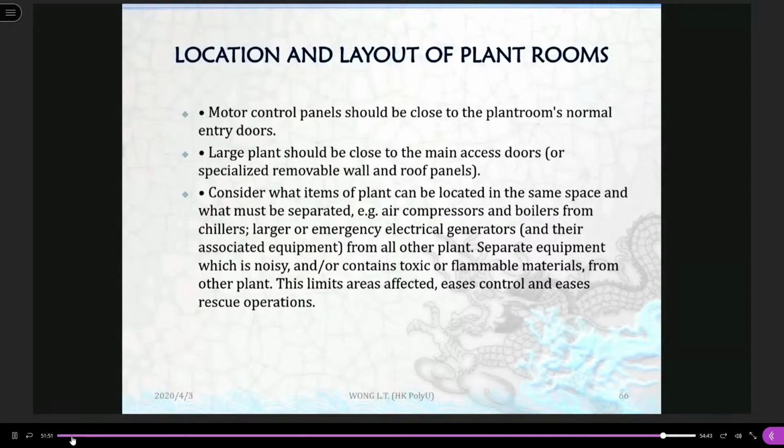Also, the boiler requires petroleum supply, and the access will be complicated or dangerous, subject to safety concerns. Say a large or emergency electrical generator must be separated also from these major plants, though their associated equipment have to be together. Keeping away is not a good practice.